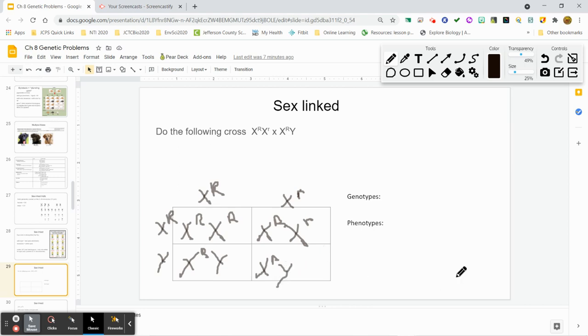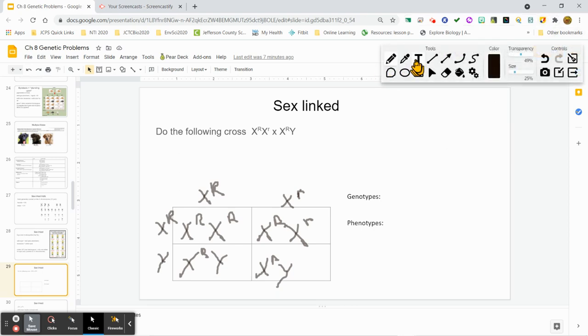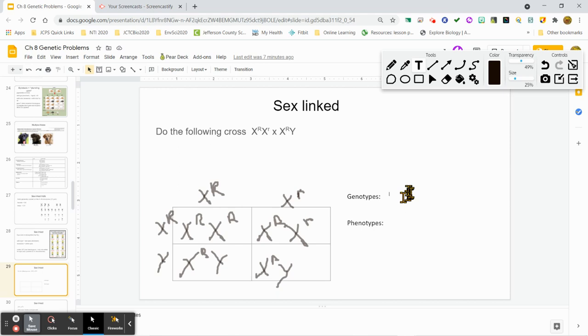Okay, and then the genotypes. R is dominant. So the genotypes you're going to have, I'm just going to have to put the R's big.